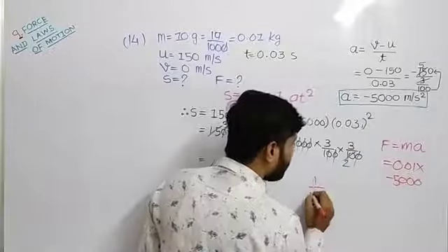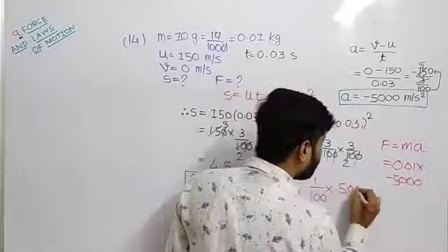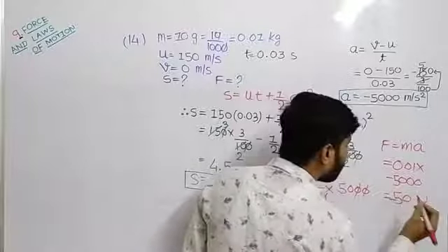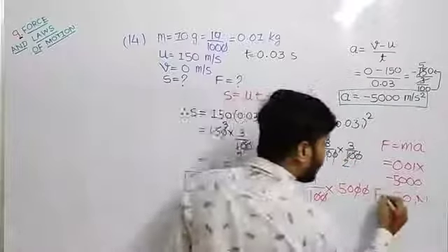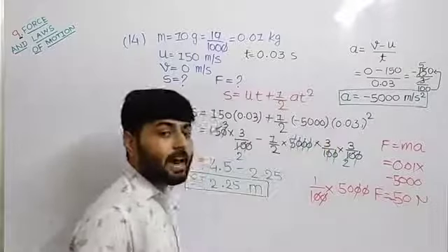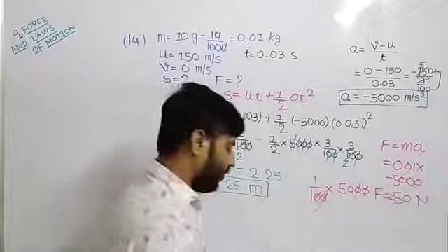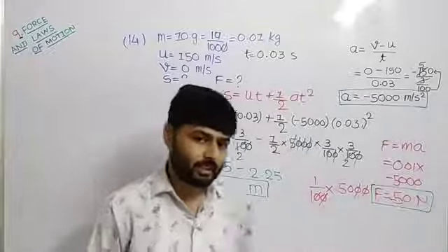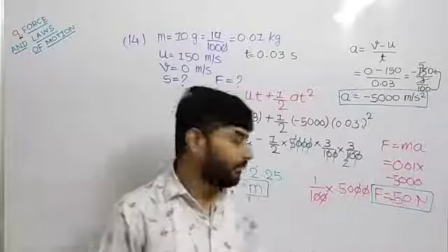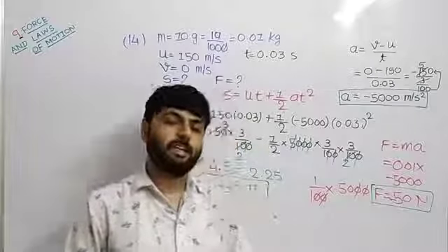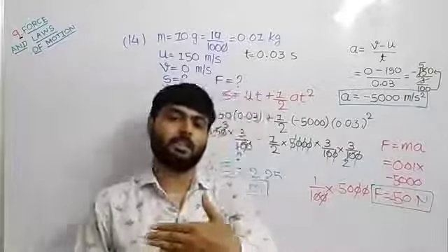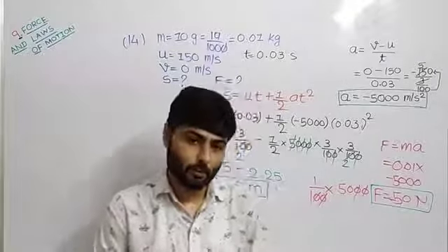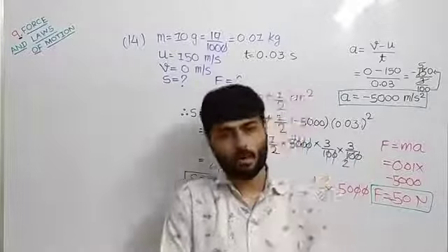So I have 1 divide 100 into 5000. So I have 50 Newton, minus 50 Newton as force exerted by bullet on wooden block. So same magnitude but in opposite direction. So what will be our answer? Our answer will be 50 Newton. 50 Newton, that is the same magnitude but in opposite direction. So we have the answer as 50 Newton as force exerted by bullet on block.